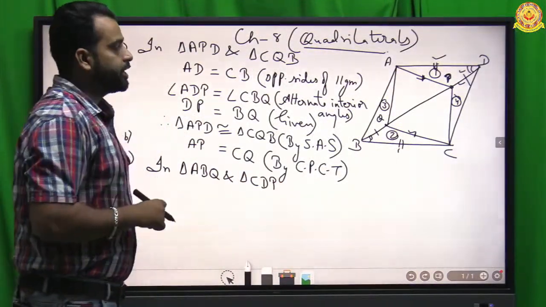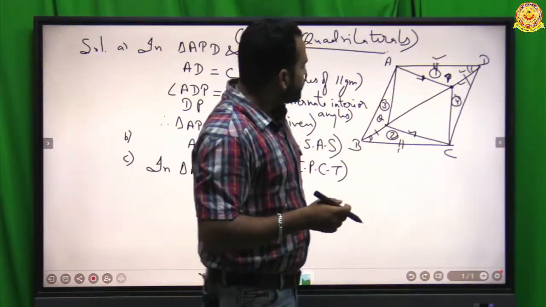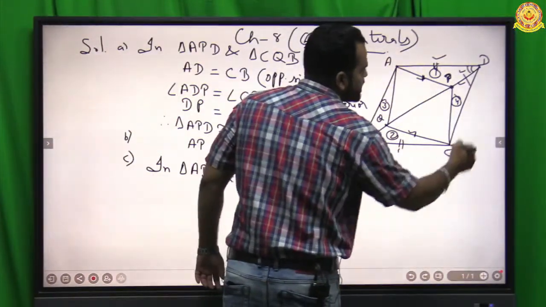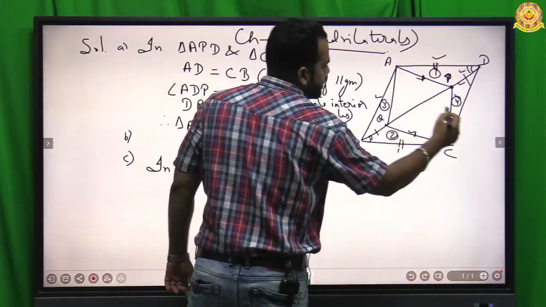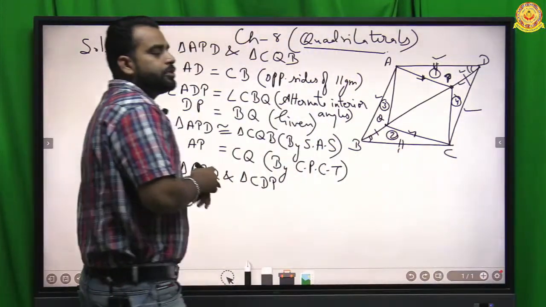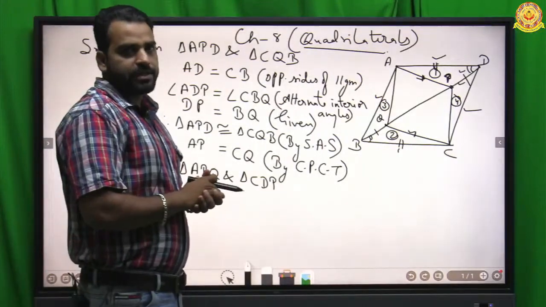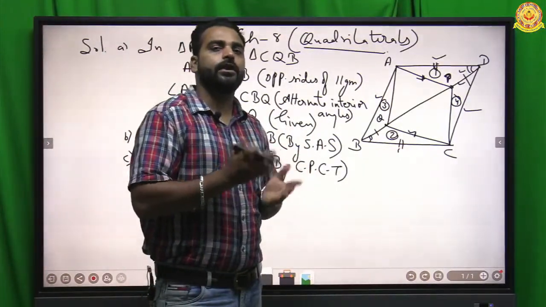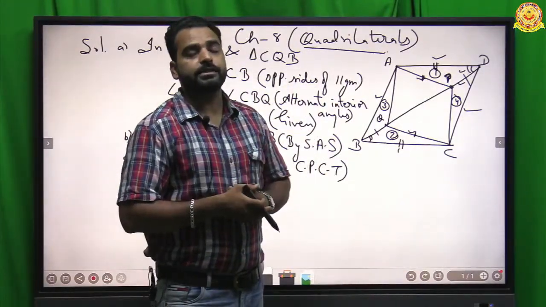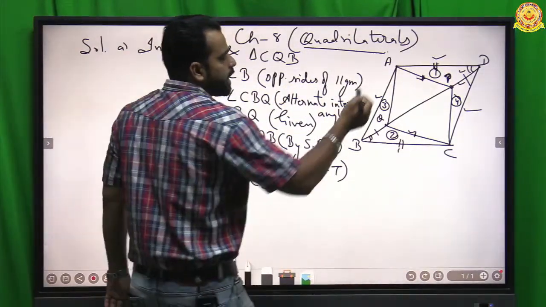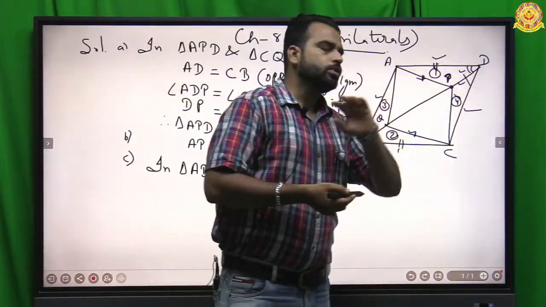Okay, so in these two triangles, now you can see that because ABCD is a parallelogram, we can say yes that AB is also equal to CD. We know that the property of a parallelogram says that the opposite pairs of lines are equal. Both pairs of lines are equal. That means AD is equal to BC as well as AB is equal to CD, right?